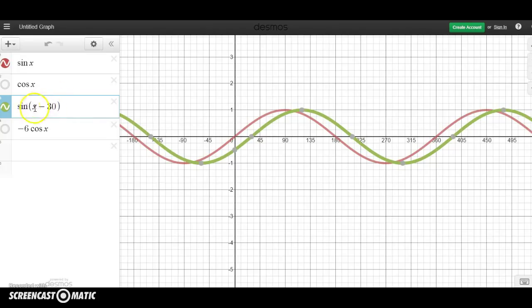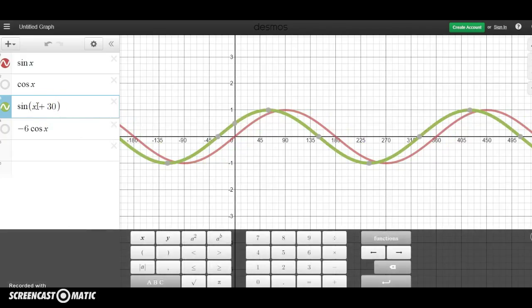And in this case also, I have sine of x minus 30, so I've shifted to the right 30. So this whole thing has been shifted to the right 30. If this is plus 30, you change your sign and say that it's been shifted to the left 30, or moved horizontally 30 degrees on the x-axis. So plus is to the left, minus is to the right.